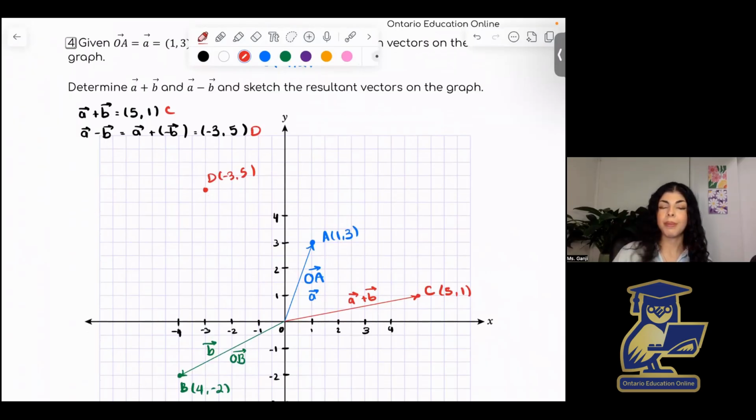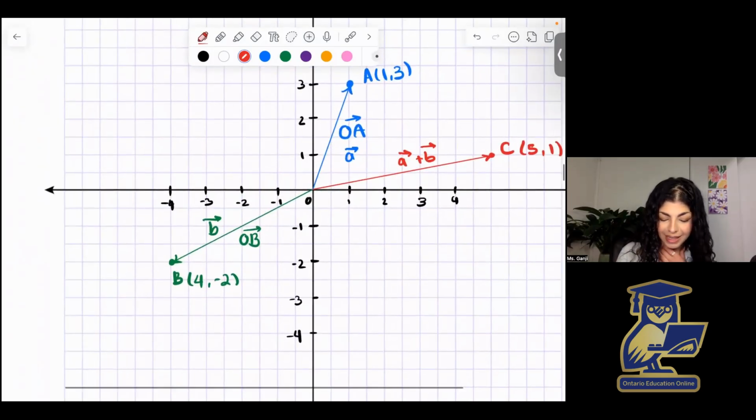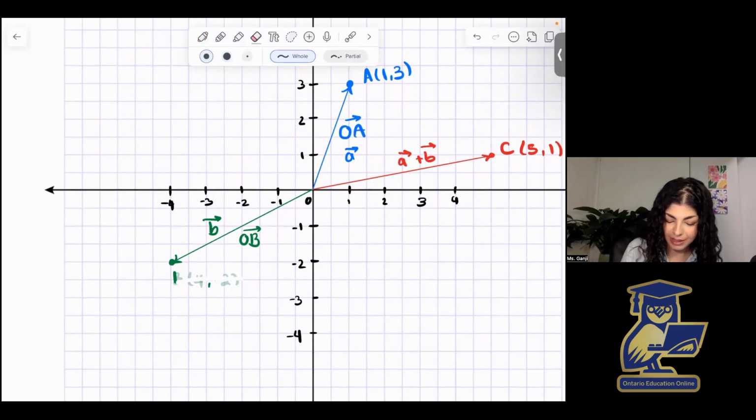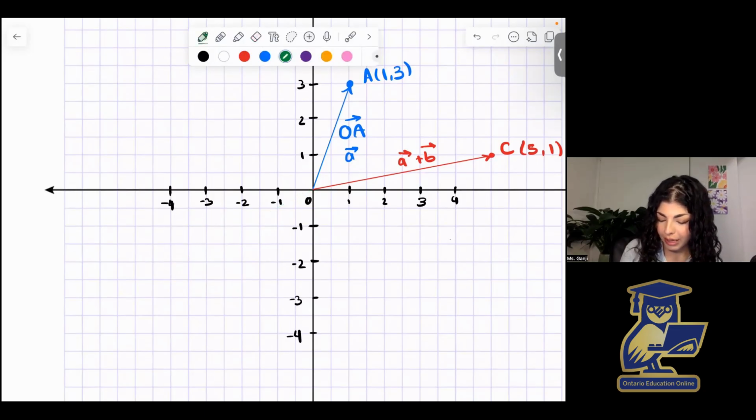Oh, my bad. I got a little confused when I drew it, and I was like, wait, this isn't adding up because I made a mistake here. This is -4. I have to redraw this. It's 4, -2, so it should be there. Okay.